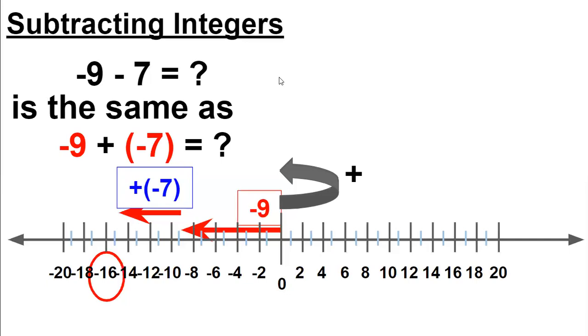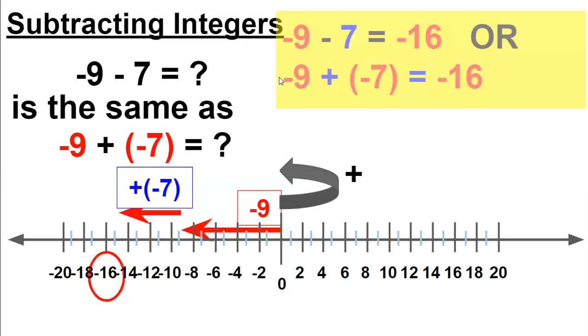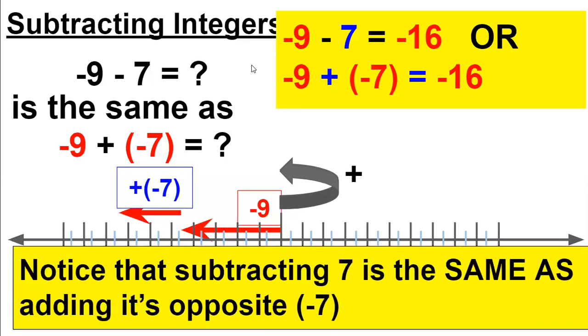So altogether we owe -$16. So -9 minus 7 equals -16, or change it to an addition equation with the additive inverse. -9 plus -7 equals -16. Notice that subtracting 7 is the same as adding its opposite, -7.